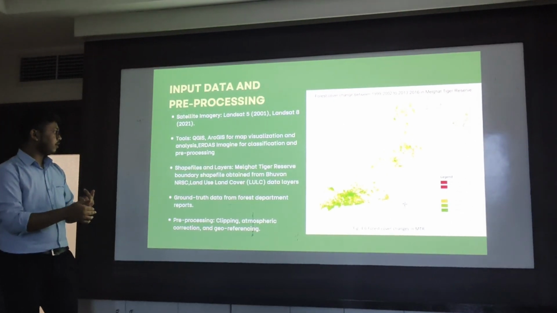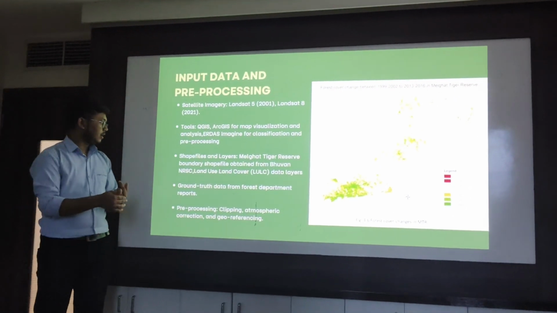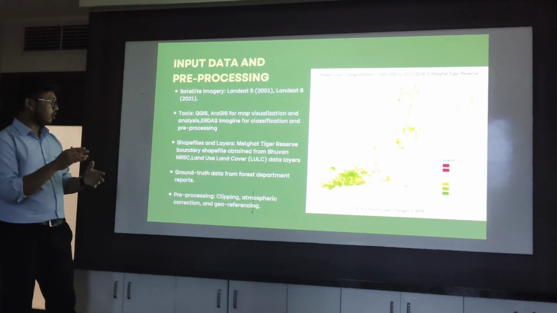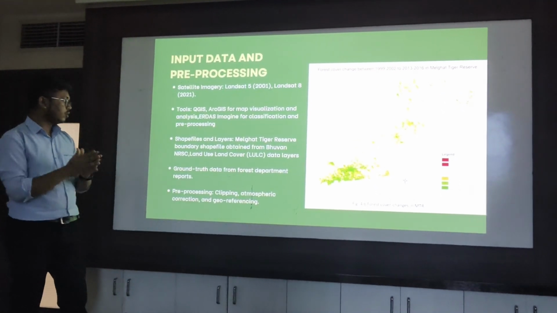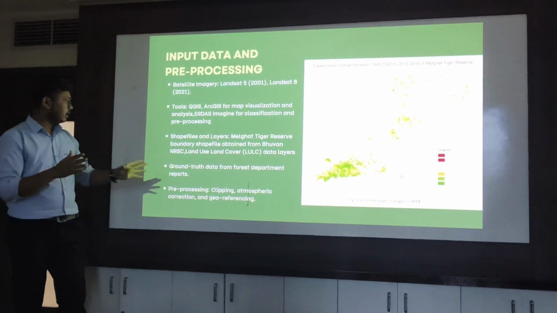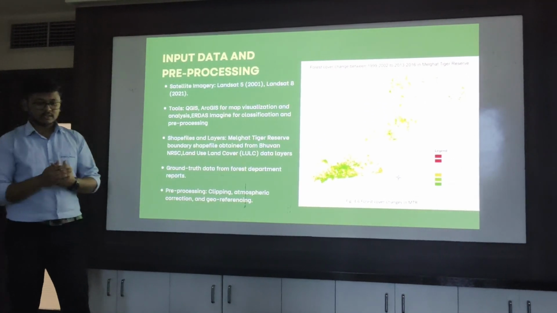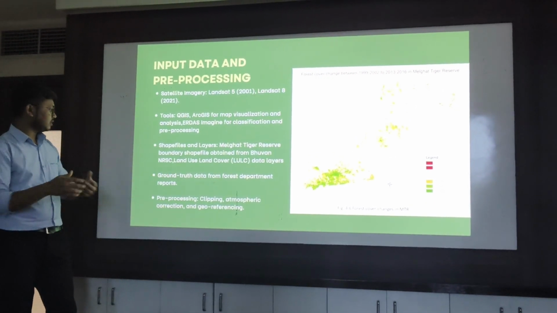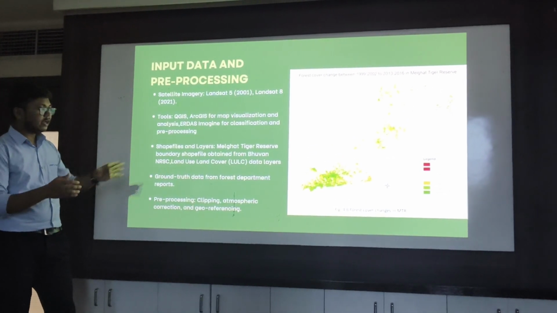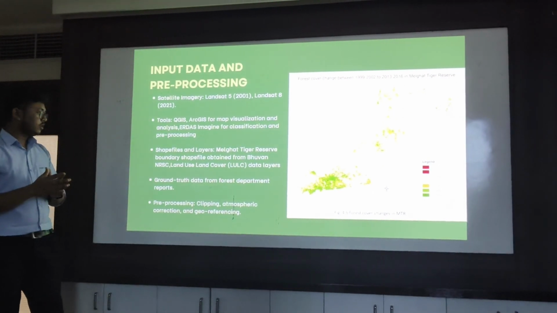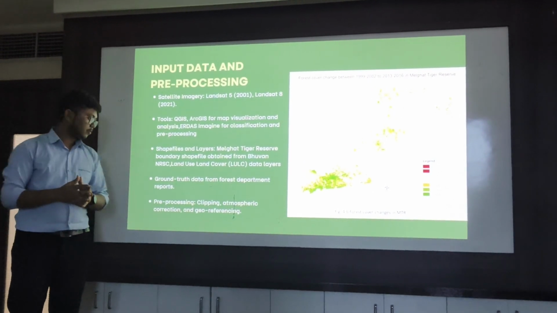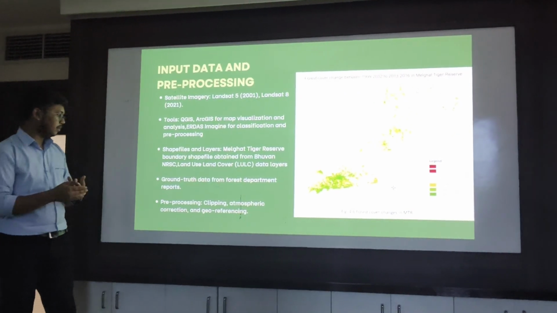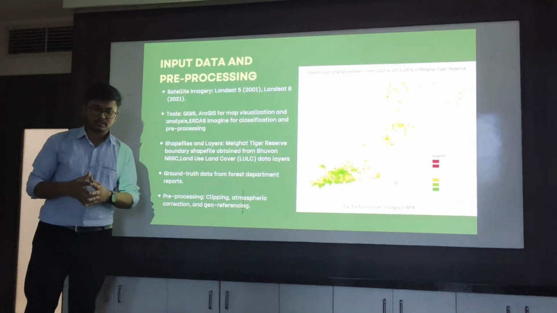After that, shapefiles and layers are obtained from Bhuvan NRSC, and after that land cover data layers. This is validated using ground truth data obtained from the forest department. Then the pre-processing of the images by clipping, atmospheric correction, and geo-referencing.